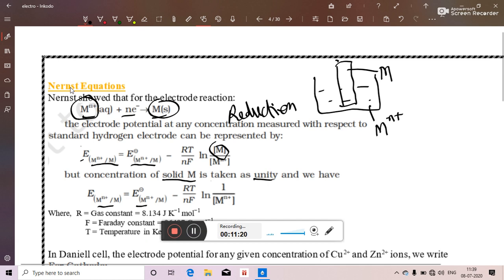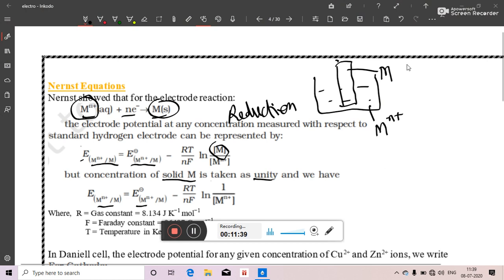Now the Nernst equation, which was given by Nernst, he showed that for an electrode reaction, if you are taking any metal M as an electrode, the electrolyte will contain the same cation of the metal. So suppose the cation is M raised to n plus.